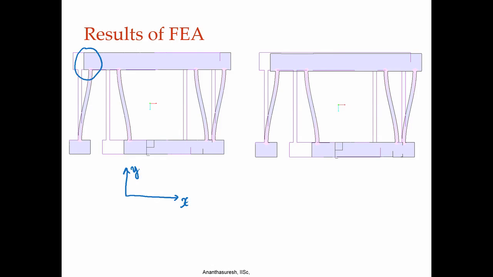It is purely moving in the x direction, whereas if you pay attention here, it is moving in both x and y. It is ever so little for the force that is applied, but the qualitative difference is very important. Again, this analysis is linear, and this is nonlinear.